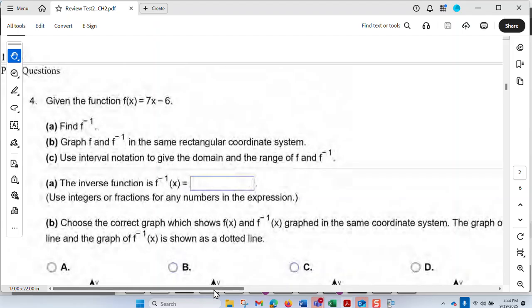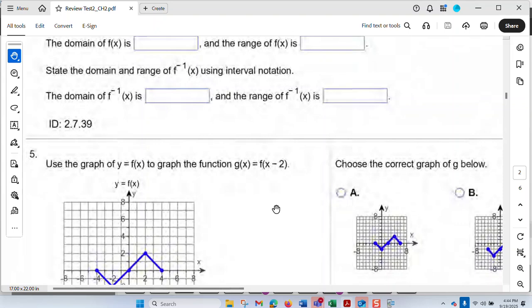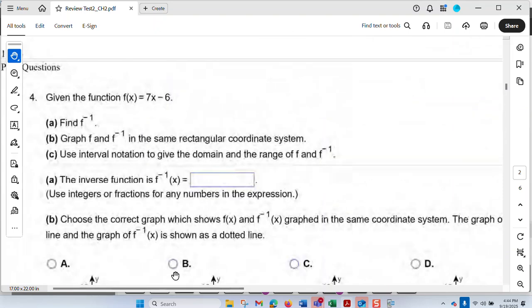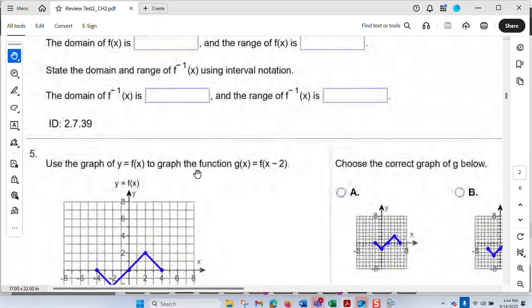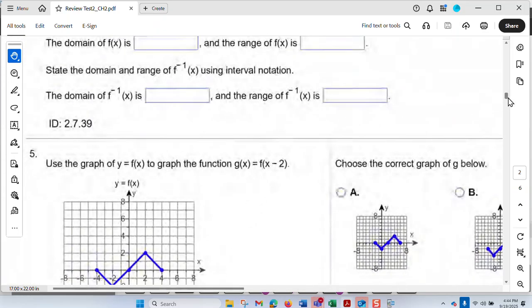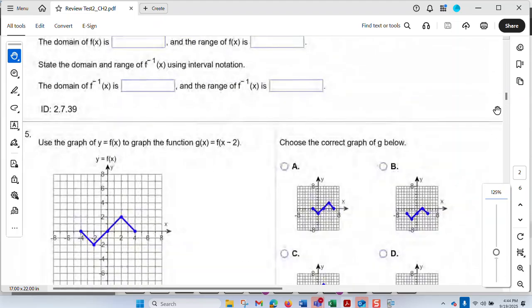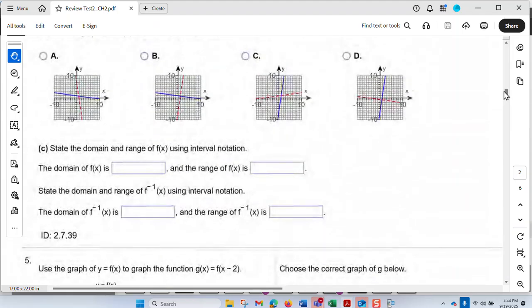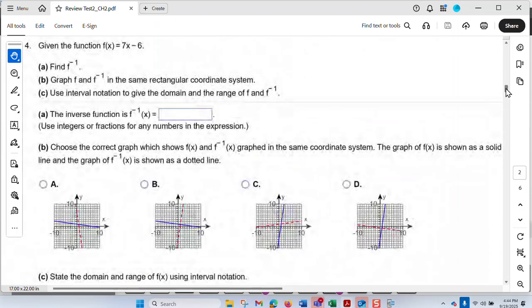And then what is the graph? Okay, so, let's see what I ask in here. Oh, there's a graph right here, right?